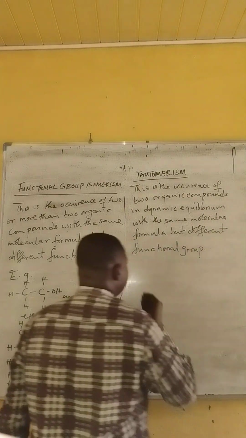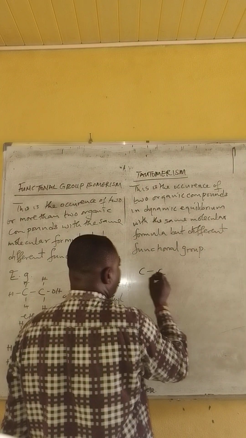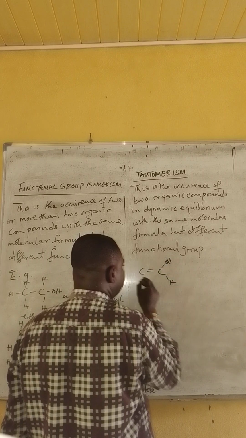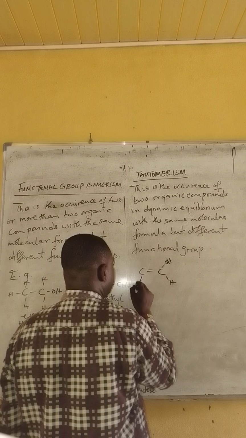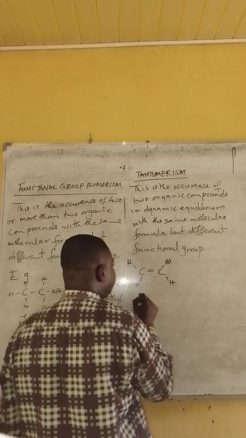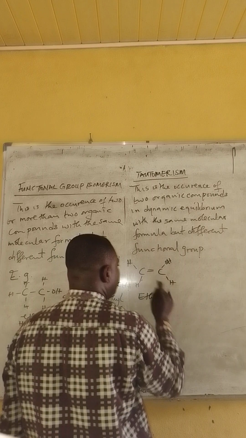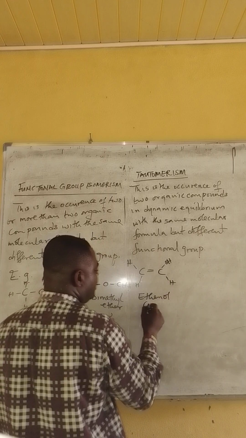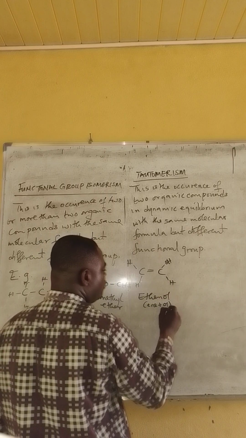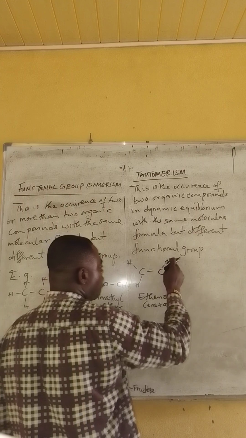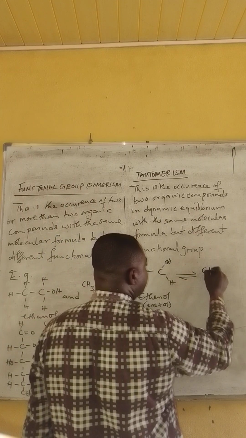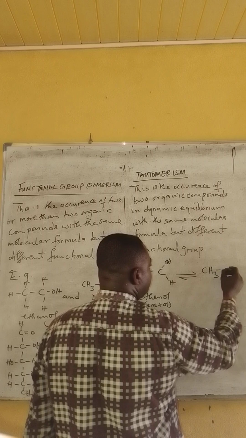Look at this, CH2=CH-OH. This compound is called ethenol. Ethene, 2 carbon, you have an ene group plus an ol group, double bond group plus ol group, ethenol. This one is in dynamic equilibrium with ethanal, CH3CHO.